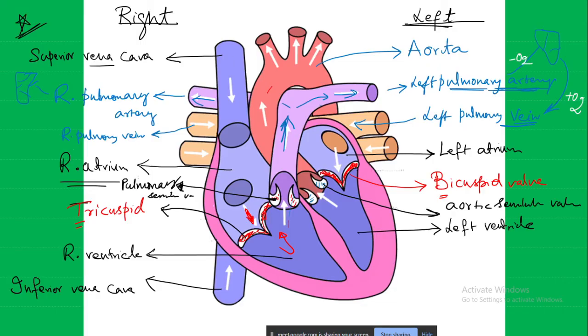Right atrium. Into the right atrium. You can see here that the right atrium is doing the complete business of accepting the deoxygenated blood.